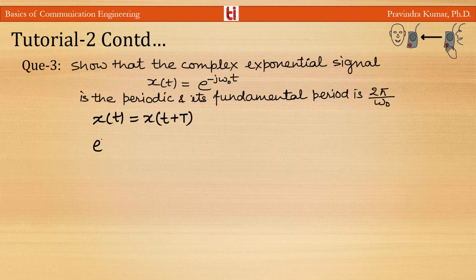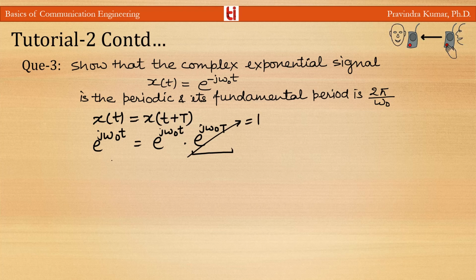Here x(t) = e^(jω₀t) will be equal to e^(jω₀t) times e^(jω₀T). We must have e^(jω₀T) equal to 1.